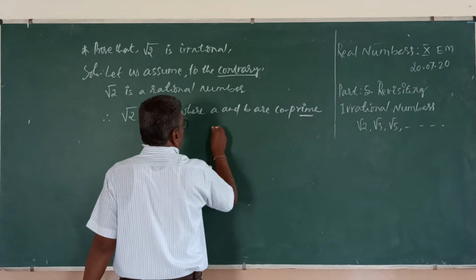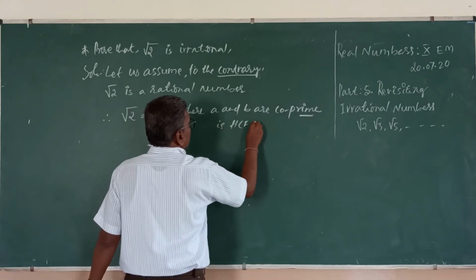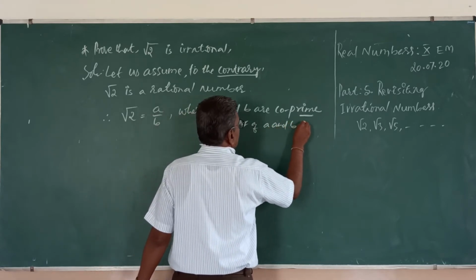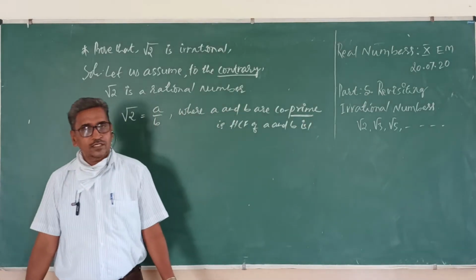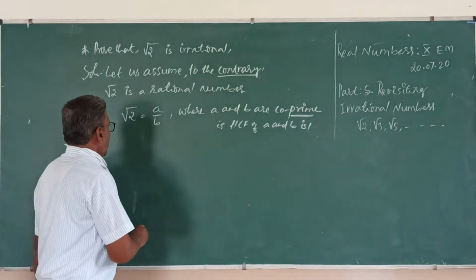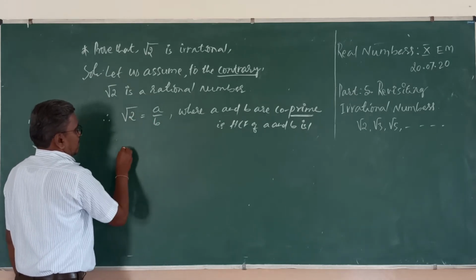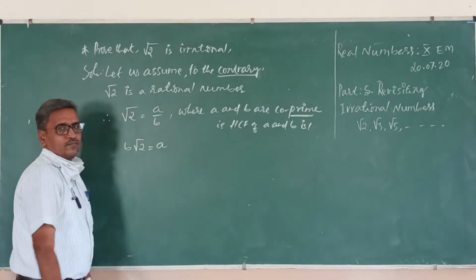So now the HCF of a and b is 1. At that time we are going to use co-prime. By simplification, b into root 2 is equal to a.